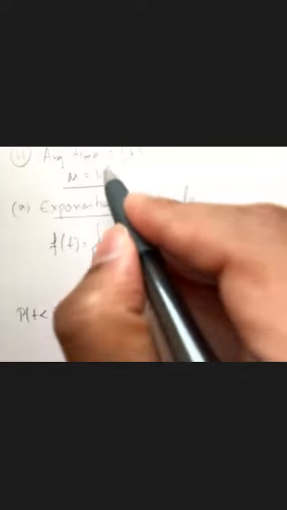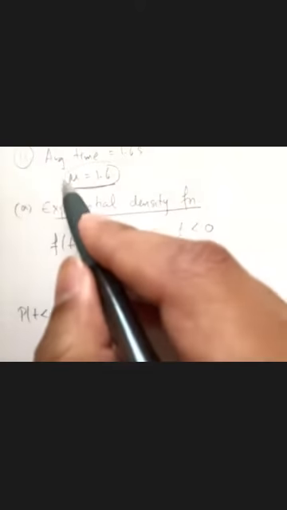Here I'm using mu as 1.6, which is given to us. So I'm using this given value of mu over here.